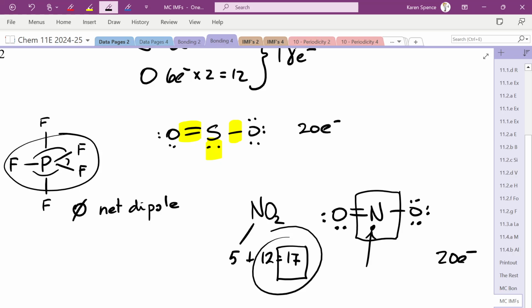Front page, back page. All this stuff in the middle? You don't get any of the stuff in the middle on the AP exam. You need to either remember it or they will just tell you.